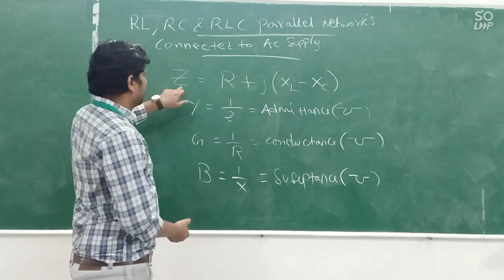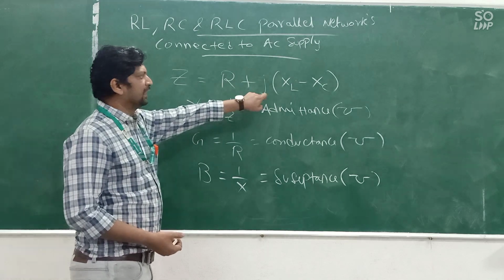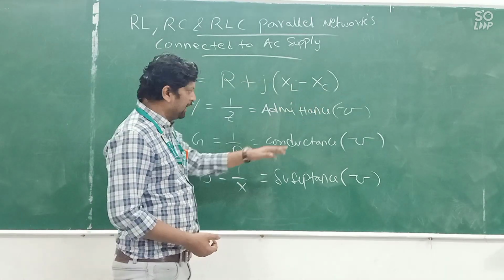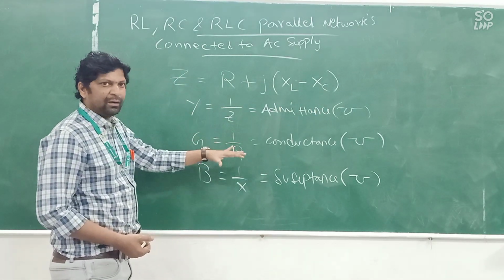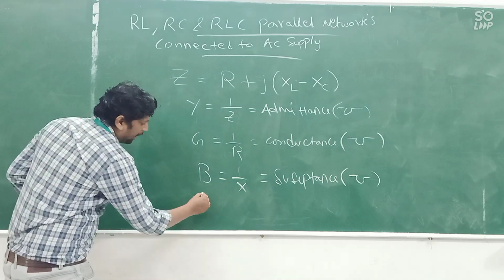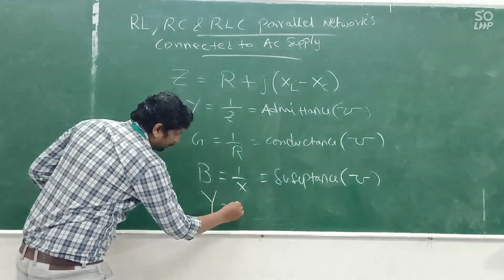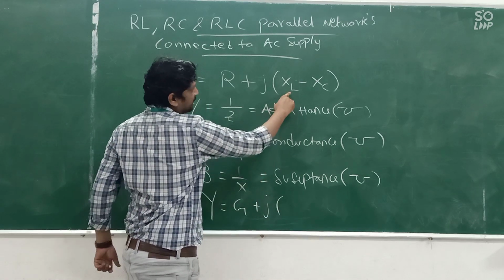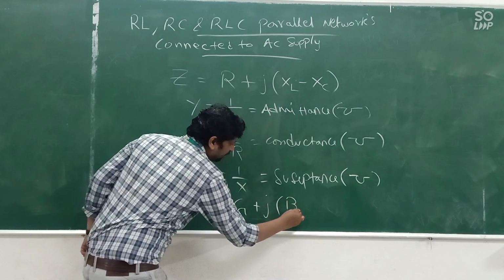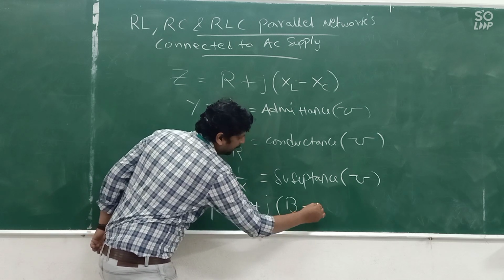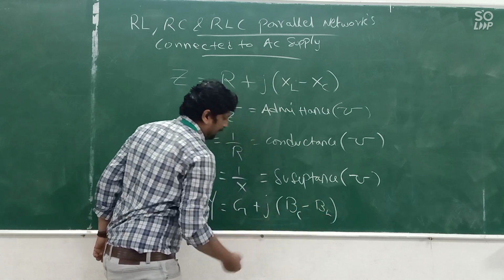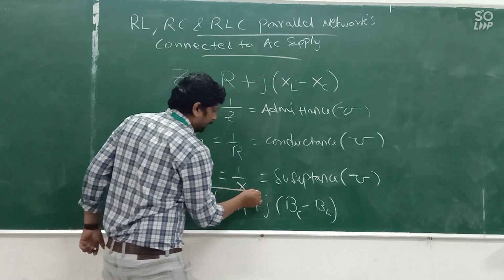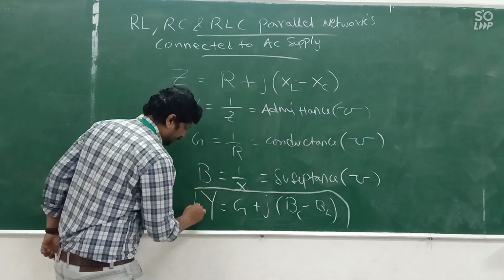So similarly, impedance is equal to R plus j into XL minus XC. Similarly, in case of parallel network, I can represent the same as admittance Y is equal to G plus j into, here it is XL minus XC, but in this case it will be BC minus BL. This is the basic equation for admittance.